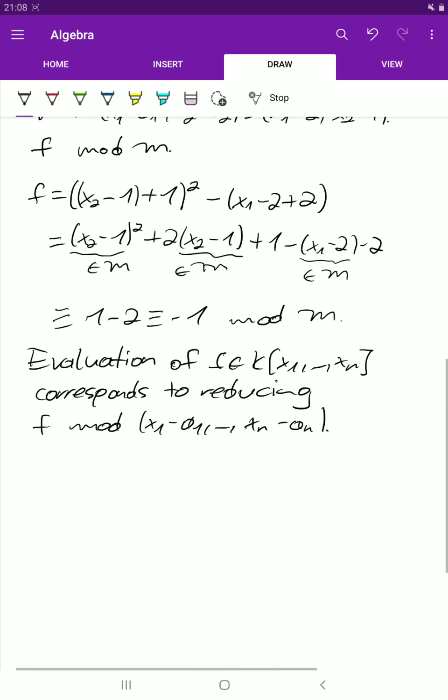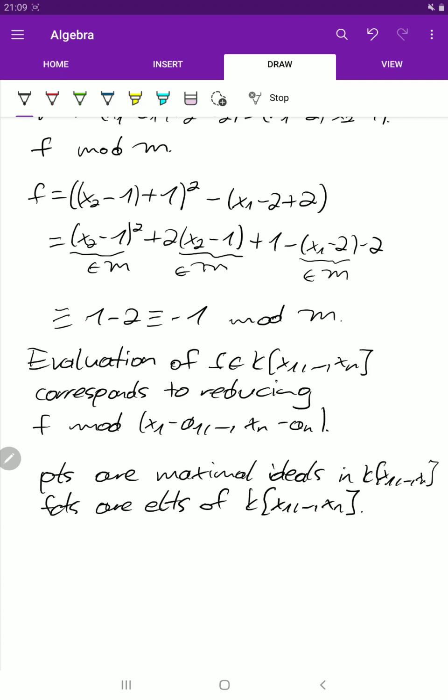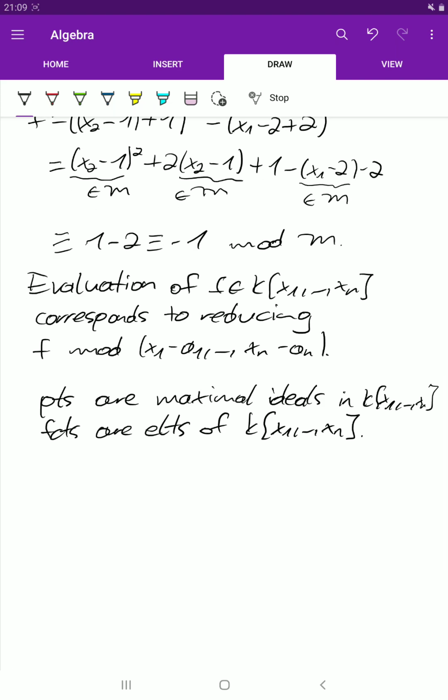So more generally, the points are maximal ideals in this polynomial ring, and the functions are elements of the polynomial ring. So that's also a very useful observation in general for algebraic geometry and schemes and stuff like that, but we don't need schemes here.